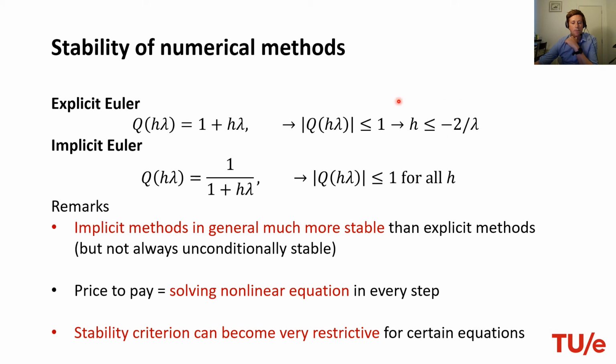Then this becomes a very, very strong restriction on the step that you can take in order to ensure a stable numerical solution using explicit Euler. Now in the next video, we will discuss stiff differential equations, which are notorious for having very stringent stability criteria, but still requiring a very long horizon for your integration of the ODE, such that explicit methods become extremely expensive to use for such equations.